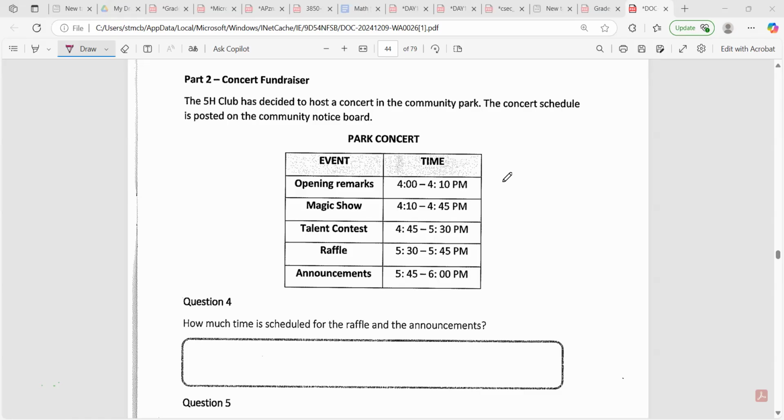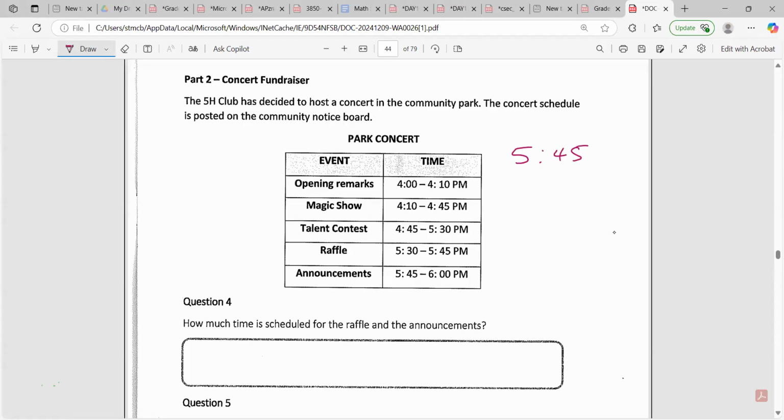So you're going to minus 5:30 from 5:45, which gives you 15 minutes. And then you're going to take away 5:45 from 6 o'clock, which gives you 55 minutes.